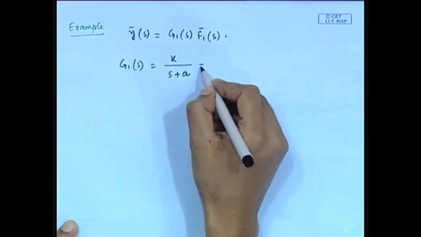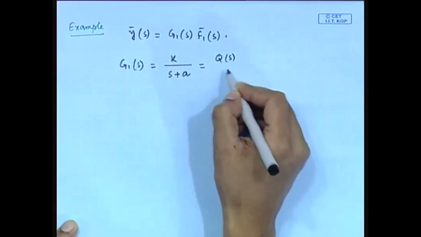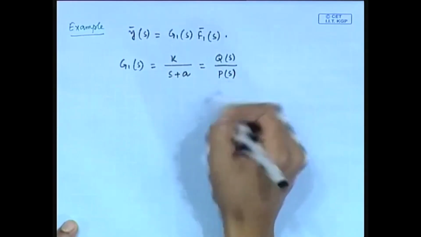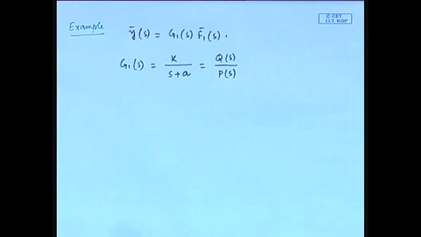You can write this as Q(s) divided by P(s). But the numerator is basically constant, so that is not a polynomial of s. That means there is no zeros. So, for this example system there is no zeros.